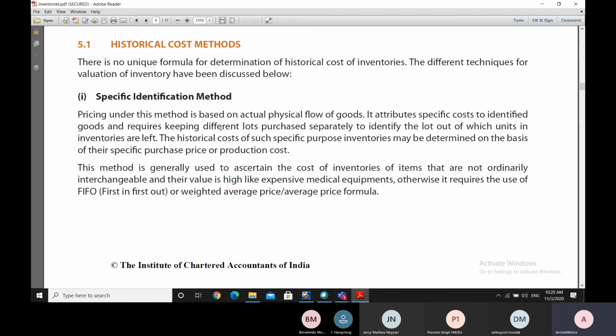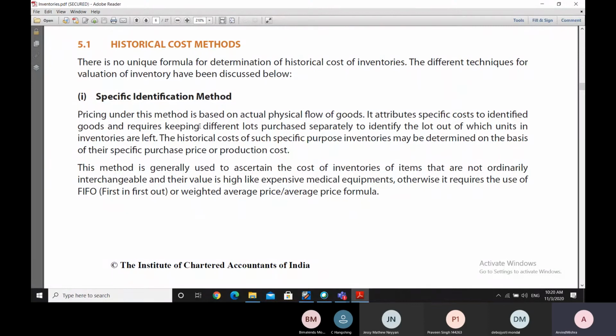So once we make the lots of the goods, lots means groups. Every lot has a specified cost. So a specific cost will be attributed to every lot, and that cost will be mentioned nearby wherever that lot is kept in the physical place, as well as mentioned in the computer.